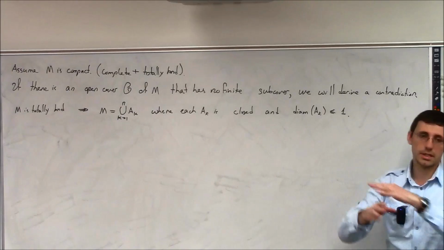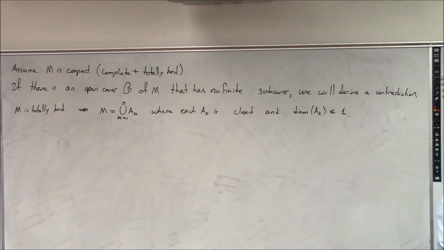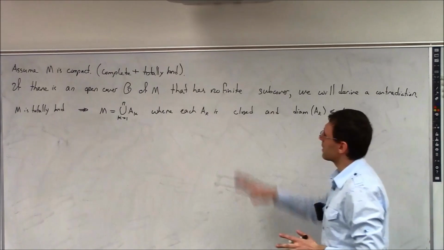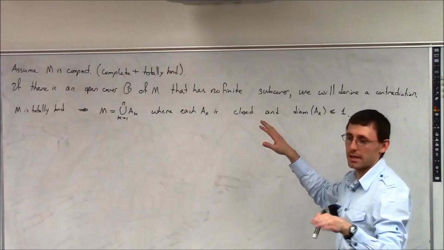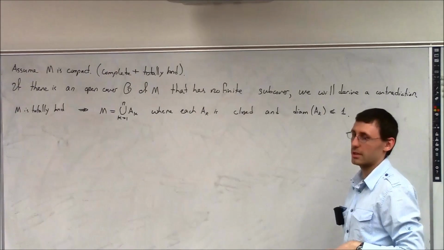So what you can do is rip it apart into finitely many subsets, and then take the closure of each subset, the diameter will not grow. By the way, they don't have to be disjoint, so you don't need to worry about that either.